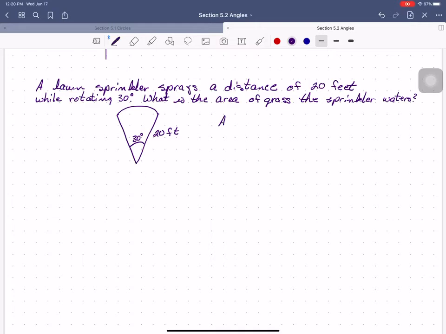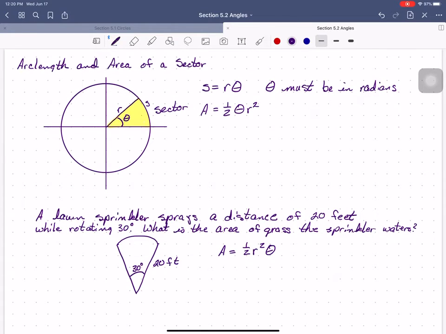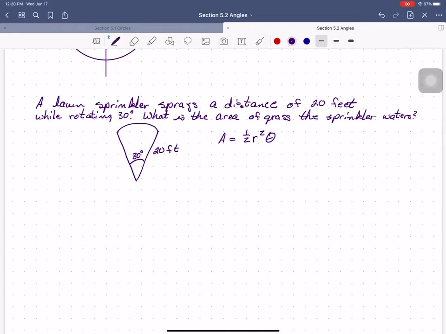We know that area equals 1/2 r squared theta, but we also know that theta must be in radians. So the first thing we have to do is convert 30 degrees into radians.